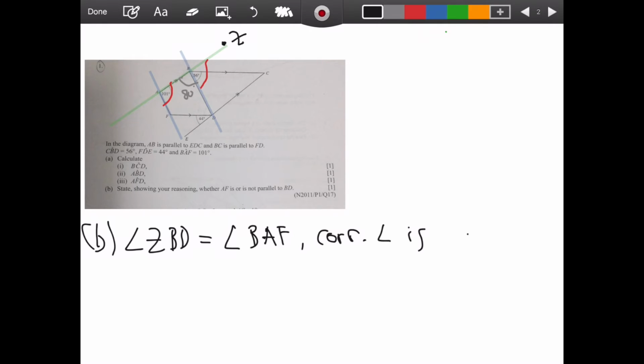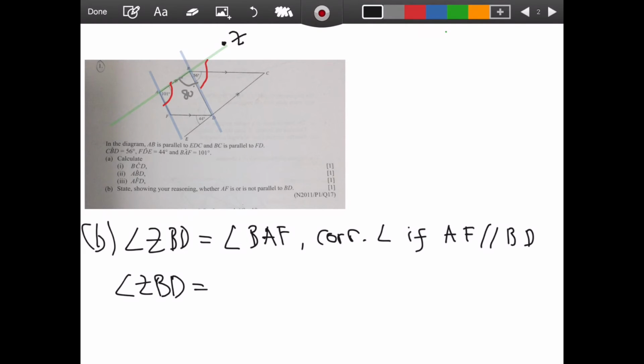Corresponding angle, if the line AF is parallel to the line BD, right? So let's prove that. Let's find out what the angle ABD is equal to.